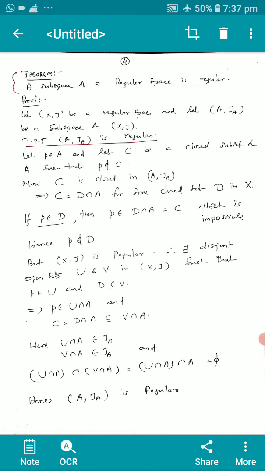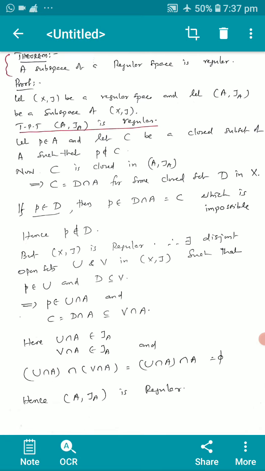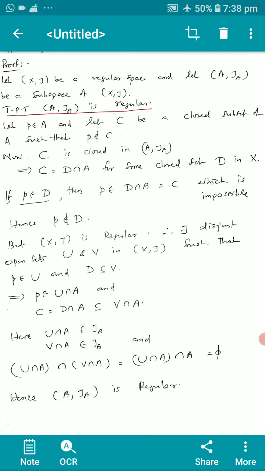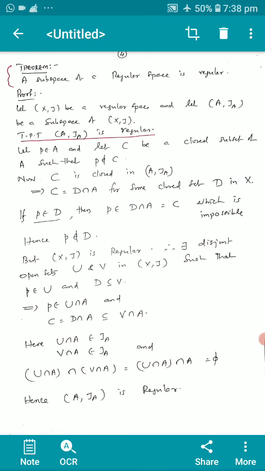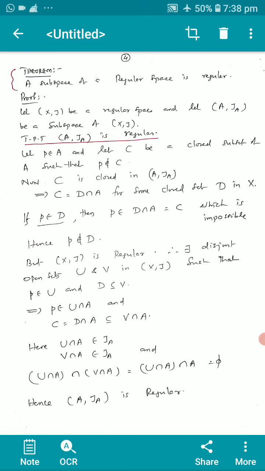Hence, P is not at all in D. But X is regular, therefore there exist disjoint open sets U and V in X such that P is in U and D is a subset or equal to V. This implies P is in U intersection A and C equals D intersection A, which is a subset or equal to V intersection A. Here U intersection A is an element of tau A, V intersection A is an element of tau A, and they are disjoint: U intersection A intersection V intersection A equals U intersection V intersection A, which is equal to phi. Hence, A with tau A is regular.